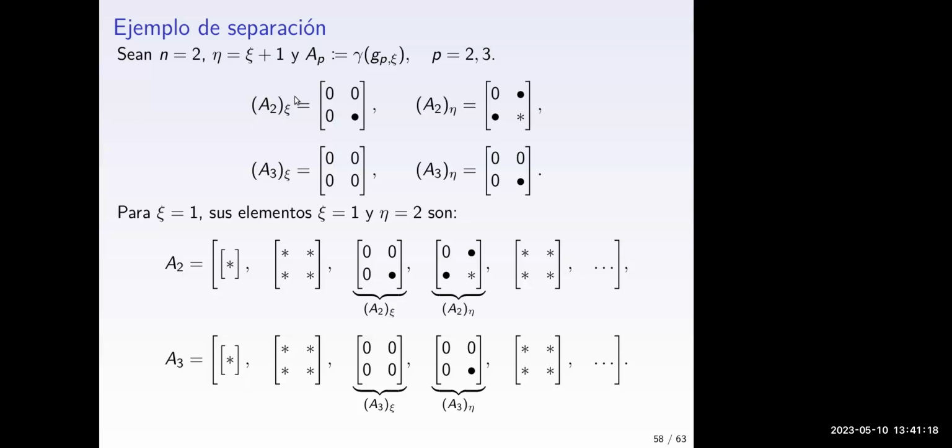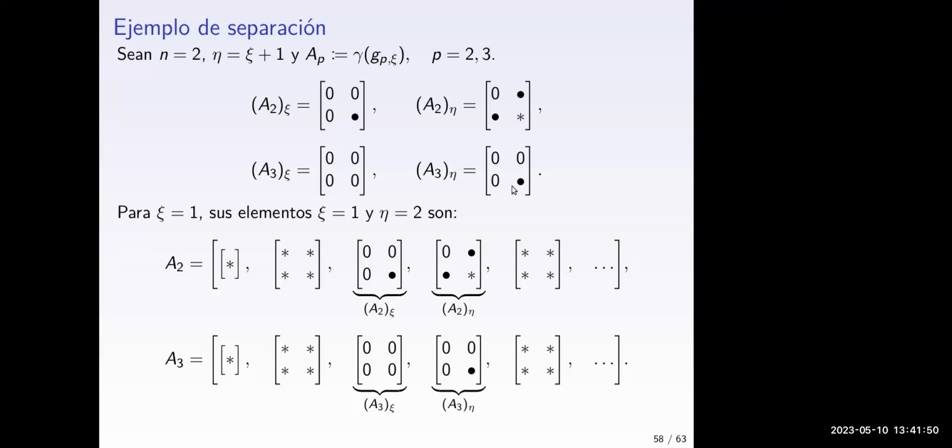And where we have the matrix corresponding to A2 for the frequency C. You see this anti-diagonal structure, A3C is equal to the 0 matrix. A2 eta and A3 eta are these anti-diagonal matrices.